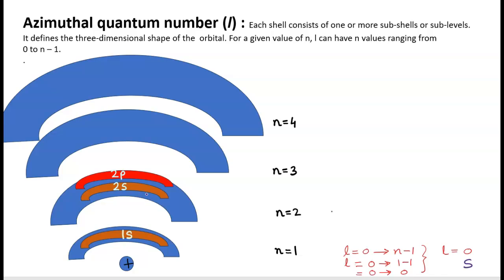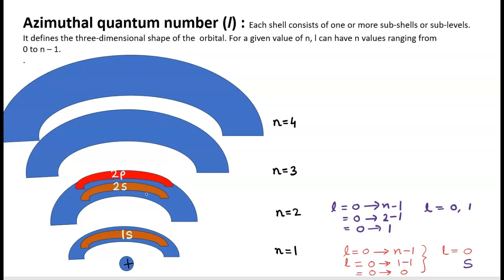When n is equal to 2, L will be equal to 0 to n minus 1. That means 0 to 2 minus 1, that means 0 to 1. This comes out to be, L value will be equal to 0 and 1.